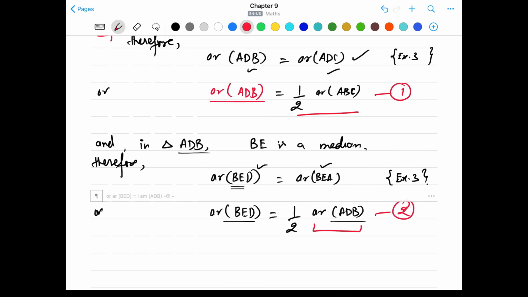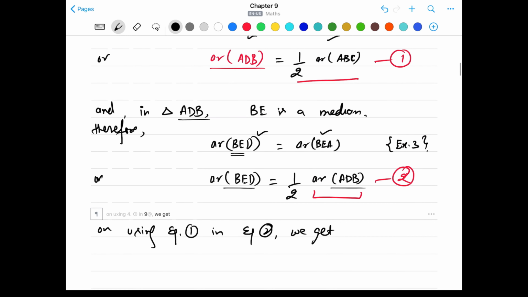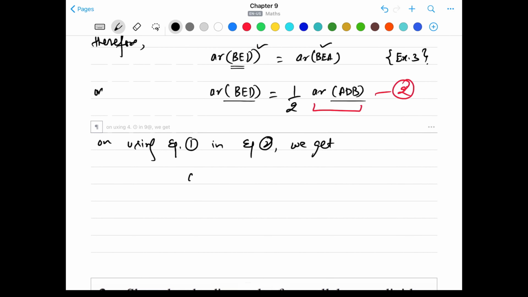We keep equation 2 as it is: the area of triangle BED is half into the area of ABD, and the area of ABD is half the area of ABC. So in place of this part we'll write half the area of triangle ABC.